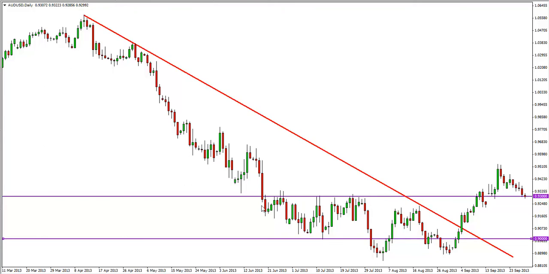For almost the whole of June and July, it consolidated right in this area. So right now we have a shelf that has been created here.